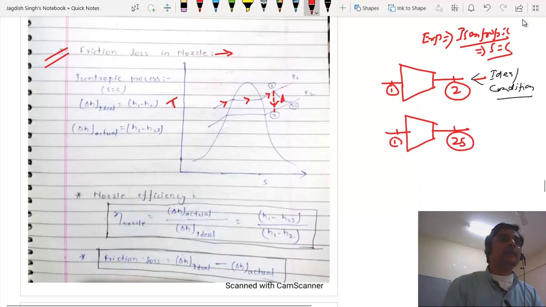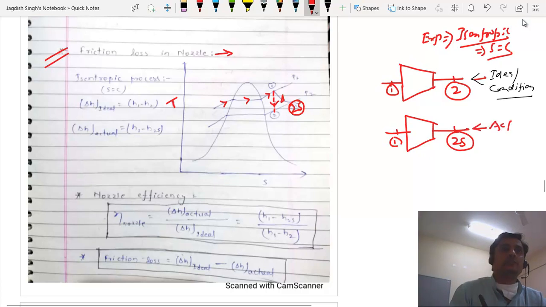This is the actual expansion in the nozzle. So now we have to assume how much loss there is. Due to some losses, this is the actual expansion, right?